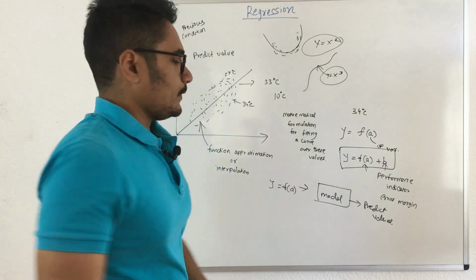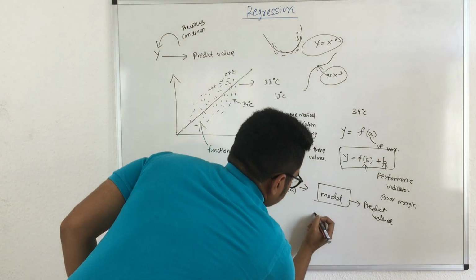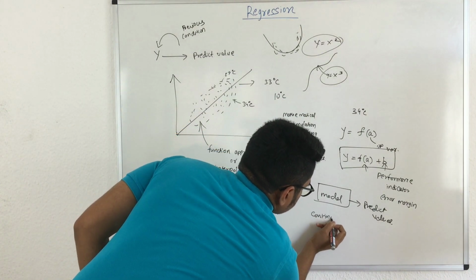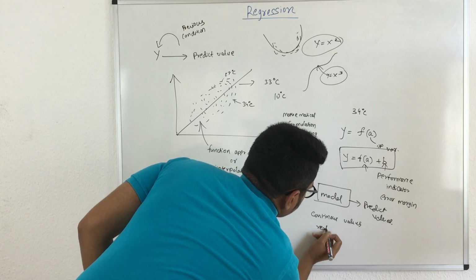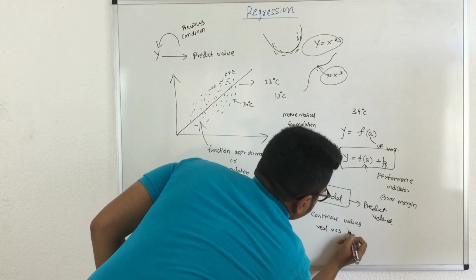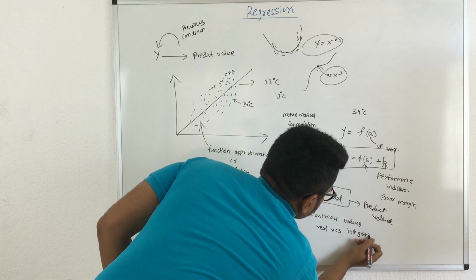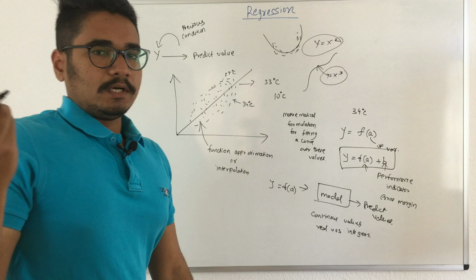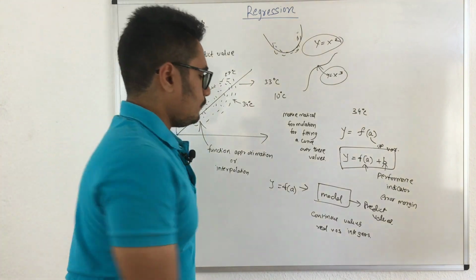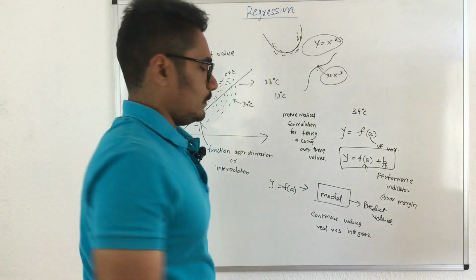So what regression does is it has all the continuous values, meaning all the real numbers and all the integers. It deals with these kinds of values. So whatever real valued inputs you have, you get a continuous range of series values.